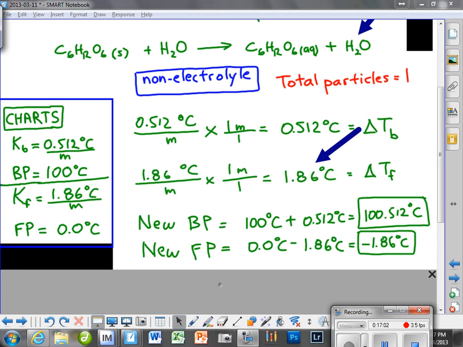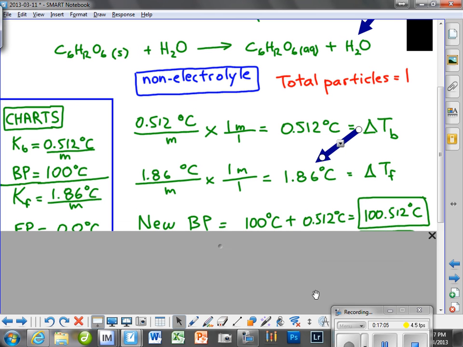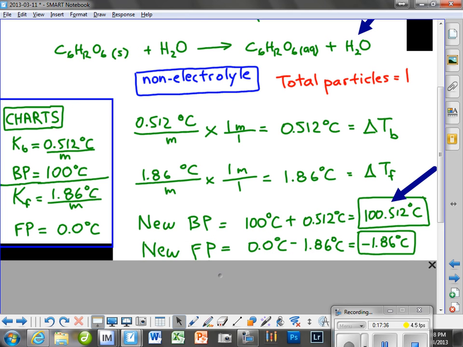So now when we take the result of the calculation for boiling point, which was this number right here, we're going to add that number to the original boiling point out of the chart. And that gives us, for the new boiling point with a 1 molal solution of sugar in water, 100.512 degrees centigrade.